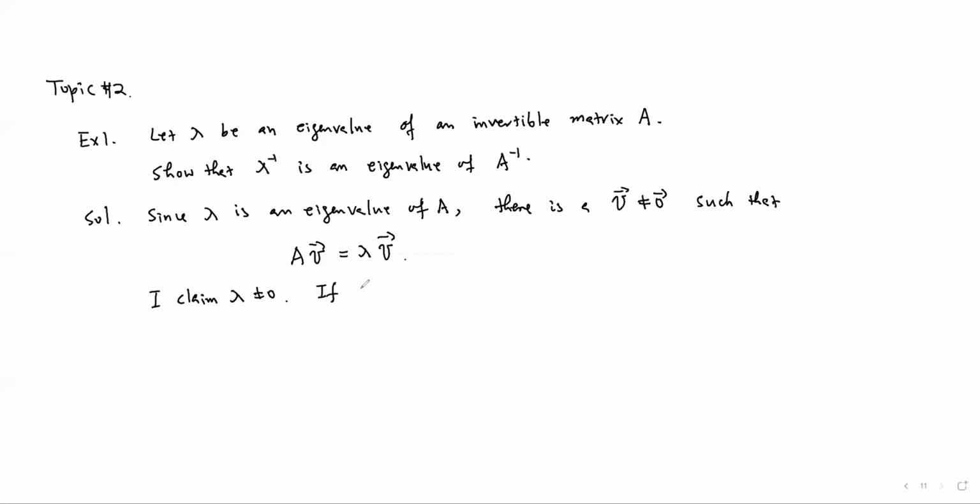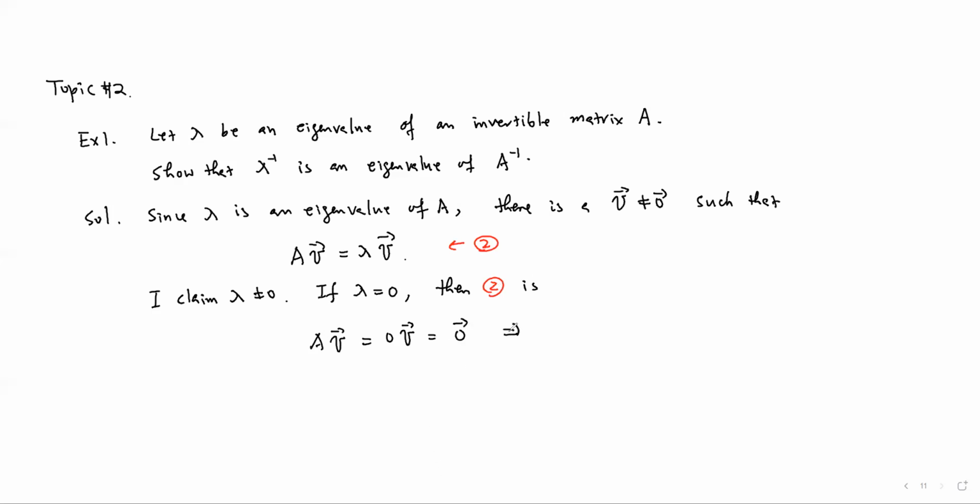If lambda is 0, let me call this equation 2: A times v is 0 times v, which is the zero vector.